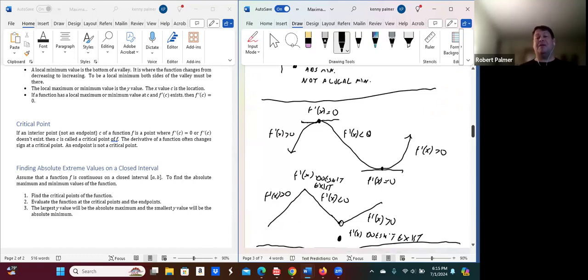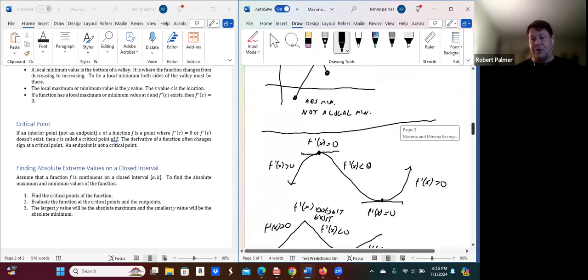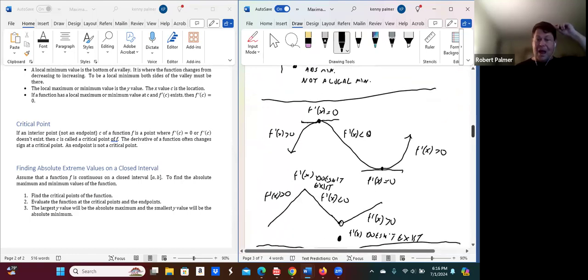Okay, in these examples, a lot of times in life, you're looking for maximum or minimum values. You want to find out where those occur, and those are going to occur typically at either absolute or local maximum values. So what we're going to do is be able to find those.